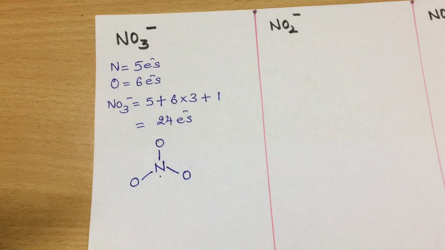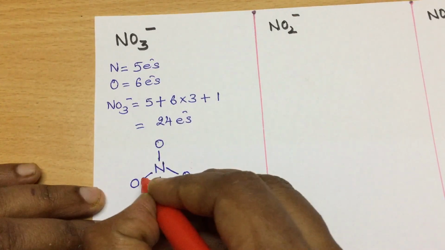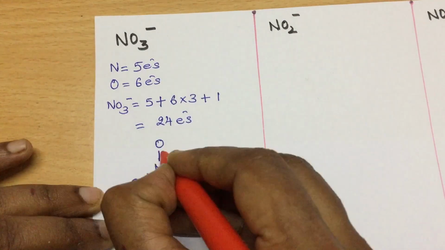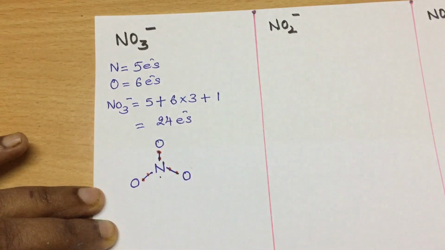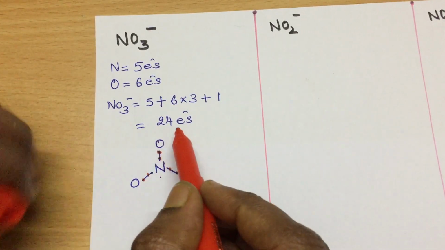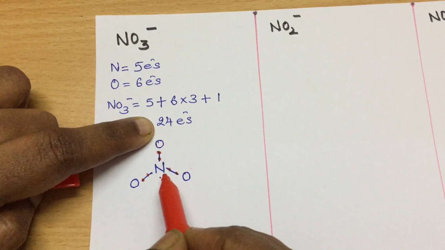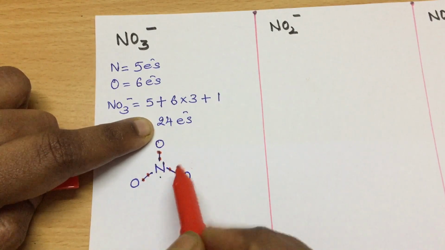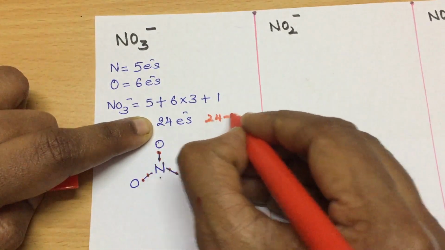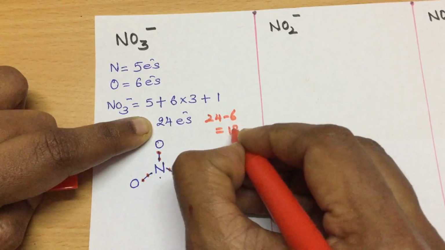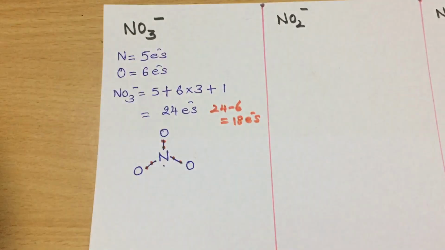At least one bond must be there. Remember, in a sigma bond, a single bond, there are already 2 electrons. So 6 electrons are involved in sigma bonds out of 24 total. 24 minus 6, so the remaining 18 electrons we have to arrange.